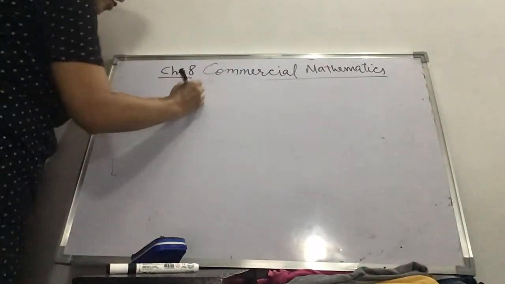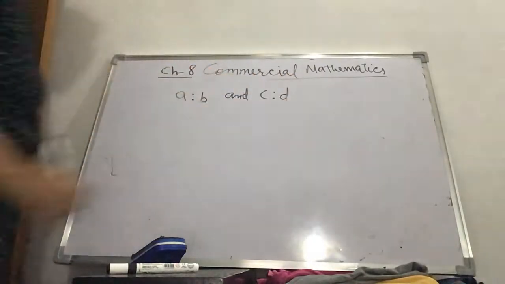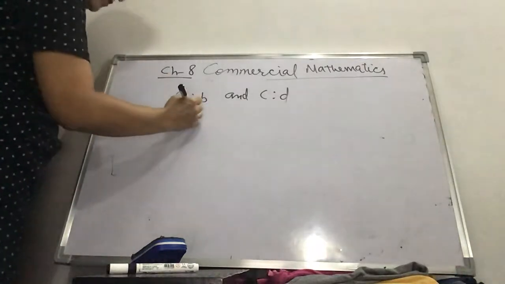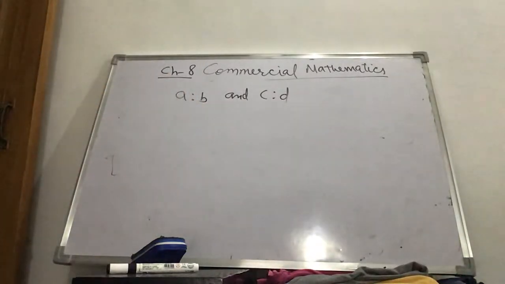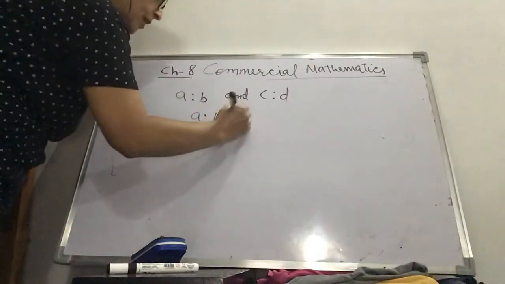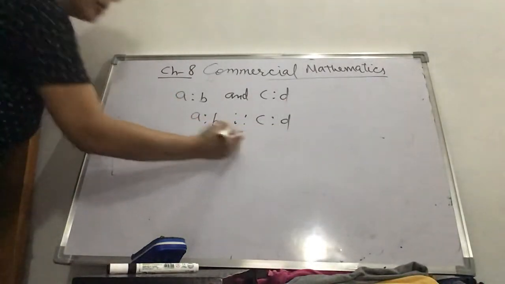Suppose there are two ratios, A ratio B and C ratio D. If these two are equal, then A, B, C and D are the 4 terms of two ratios, and they are in proportion. Then we can write them A ratio B, sign of proportion, C ratio D. This is the sign of proportion.